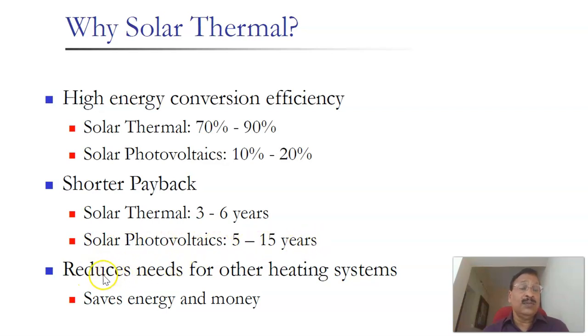Another advantage of solar thermal is that it reduces the need for other heating systems, which saves energy and money. These are the advantages of the solar thermal system that is widely used. In the next presentation we'll see the different types of collectors used for collecting and converting solar radiation into thermal energy.